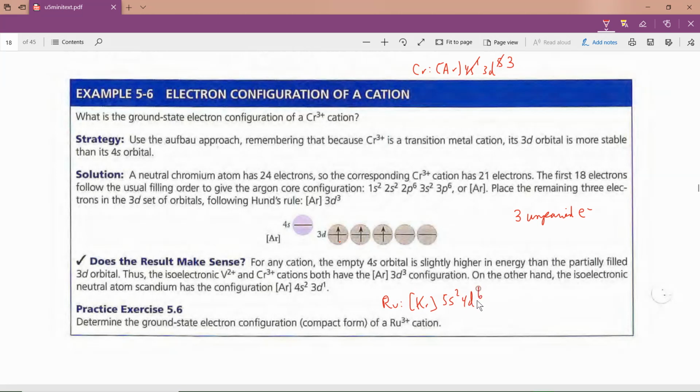Let's count that up. So that's 8, and krypton is 36, so 44. That's good. But I want ruthenium 3+, so I get rid of the 5s2 and one of the 4d. So ruthenium 3+ is going to be krypton 4d5.